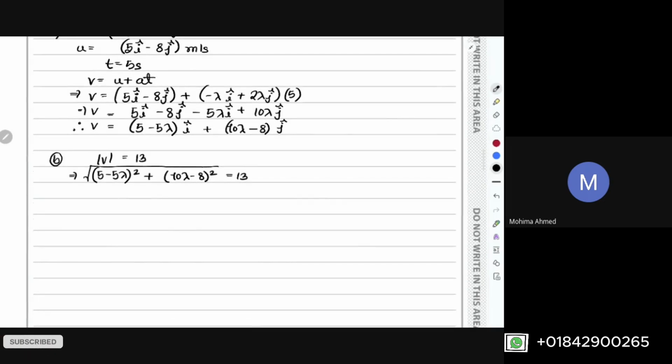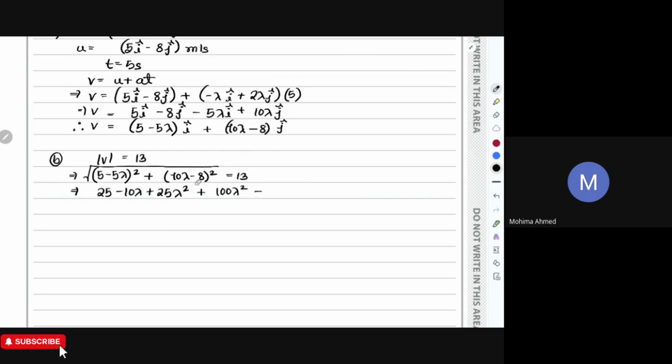If you square both sides, you will have 25 minus 50 lambda plus 25 lambda square plus 100 lambda square minus 2 into 8, that is 16, 16 into 10 is going to be 160 lambda plus 64 equals to 13 square on the other side, right?